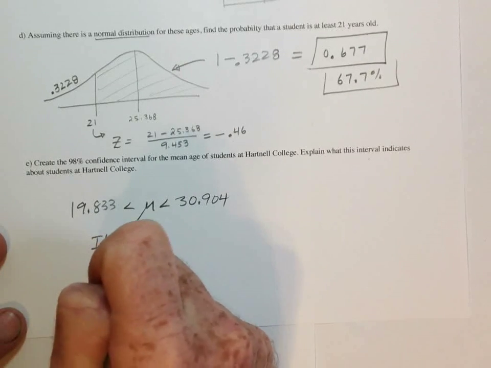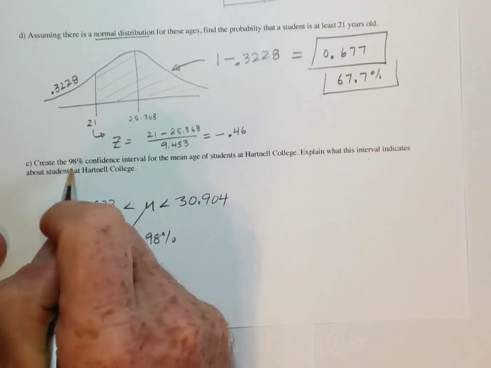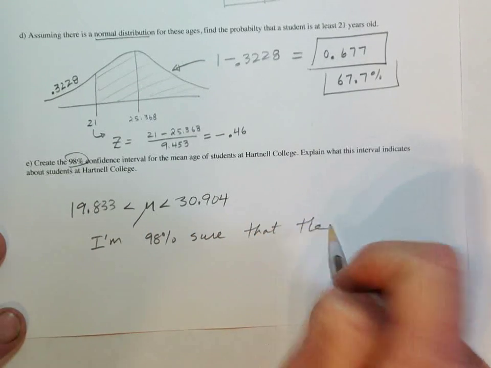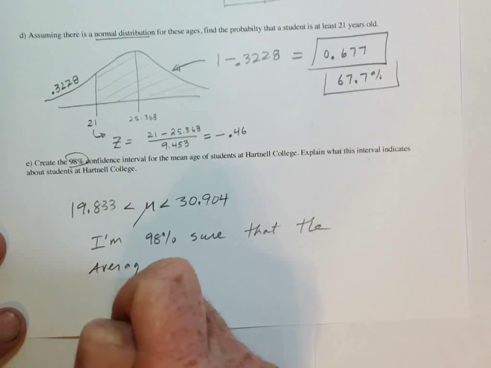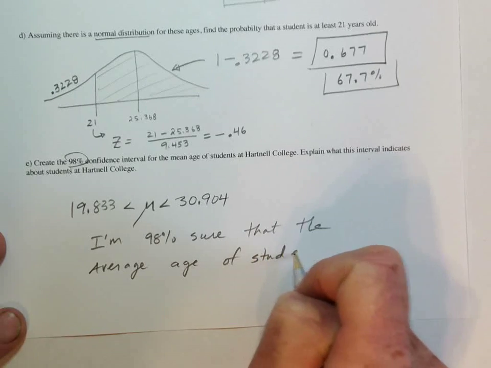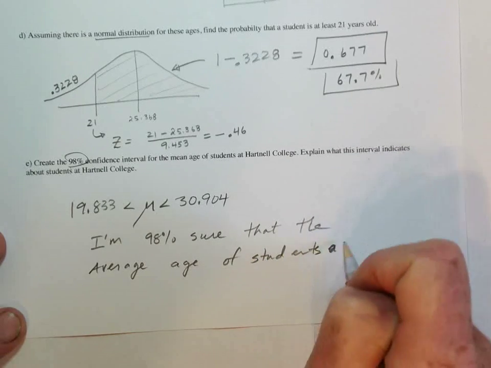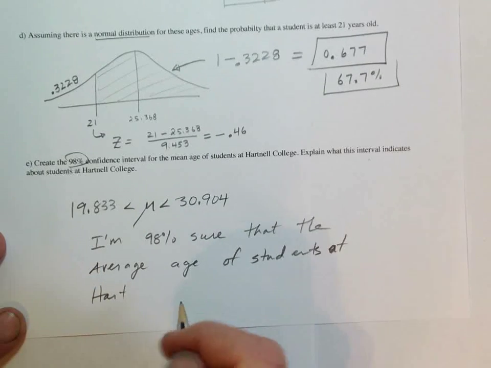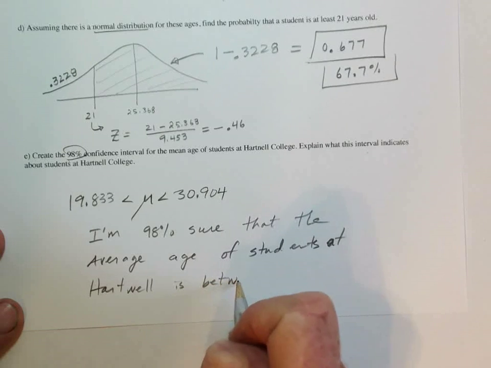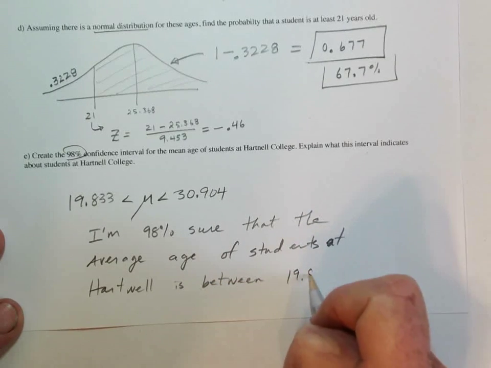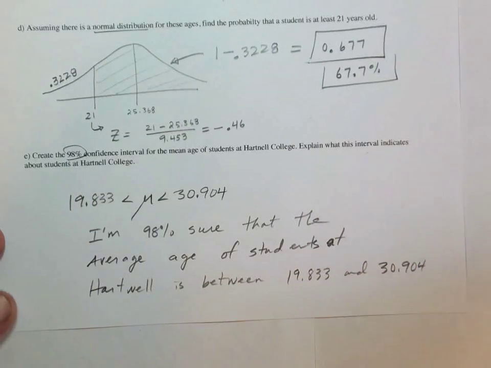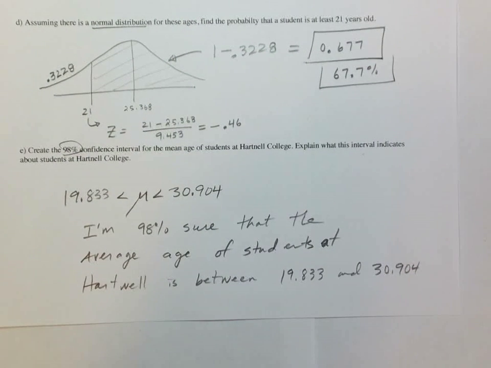So I'm 98% sure, because we use this, the average age of students at Hartnell is between, and then you just put those two numbers, 19.833 and 30.904. All right, that's it. That was fast.